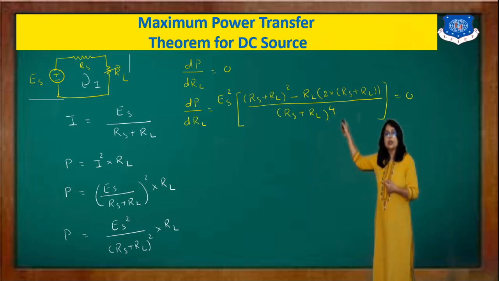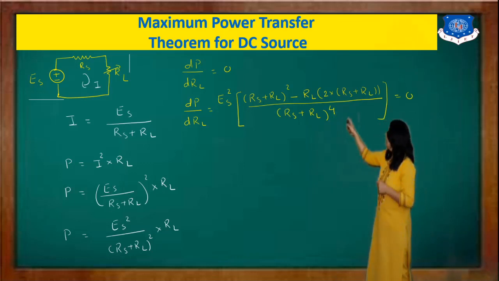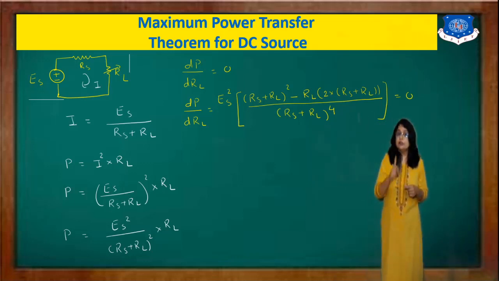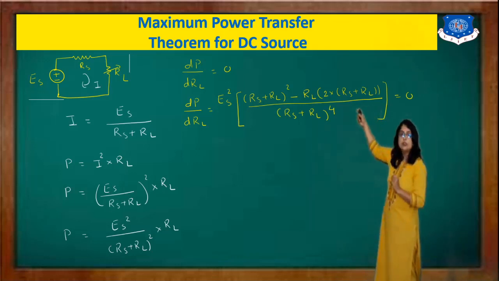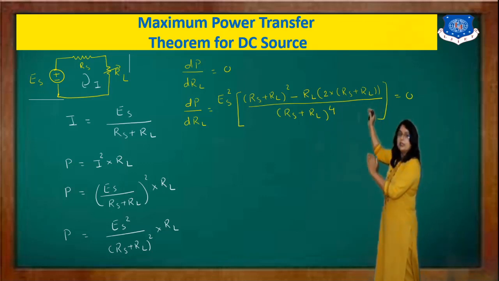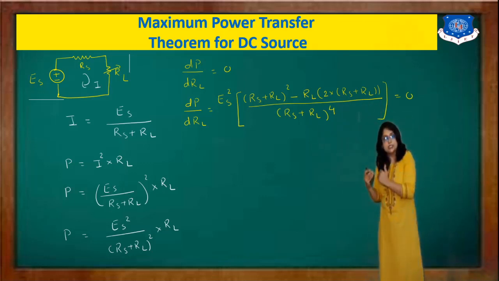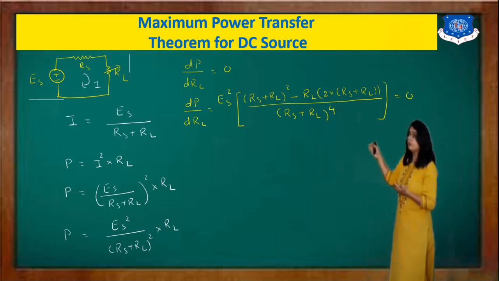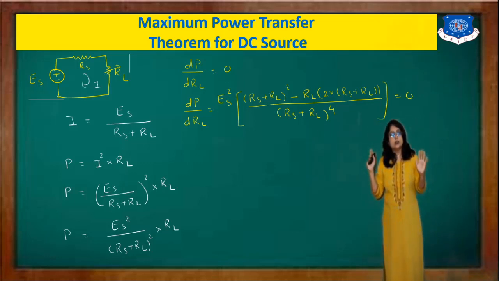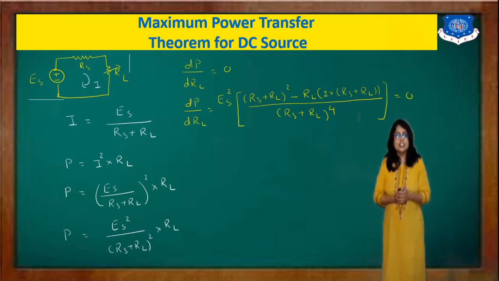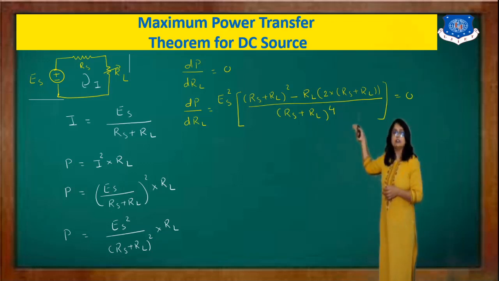Now you have to apply the differentiation rule for division: first the differentiation of the numerator, with the denominator as it is, minus the numerator as it is times the differentiation of the denominator, upon denominator square.